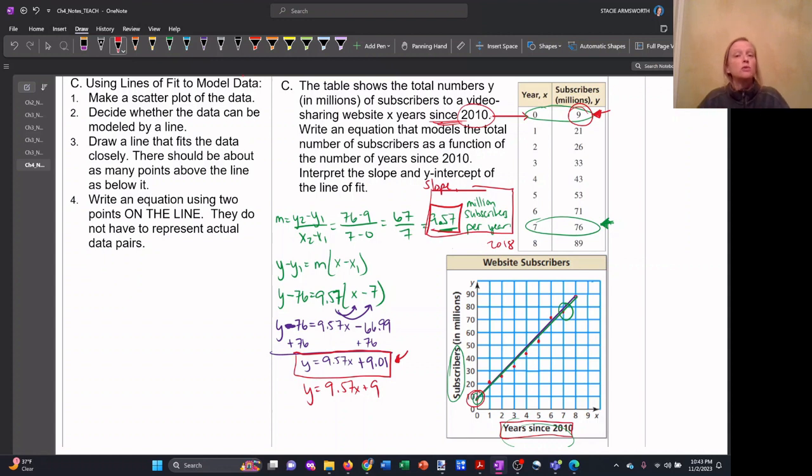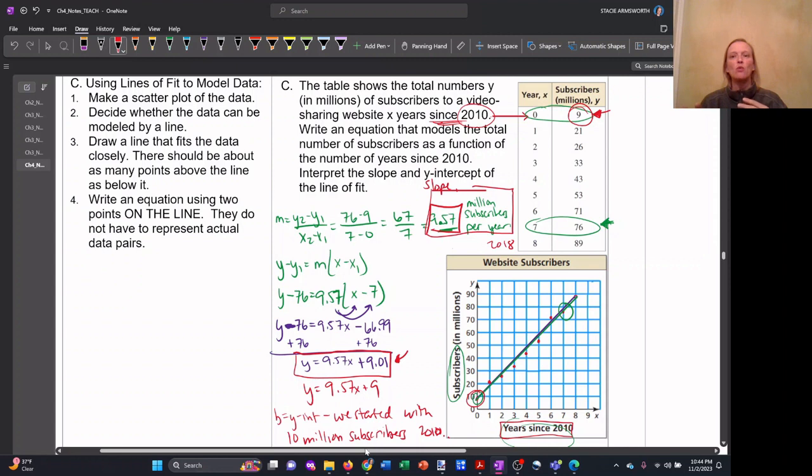Year 0 is 2010. So the meaning of b, the y-intercept, is that we started with 10 million subscribers in 2010.